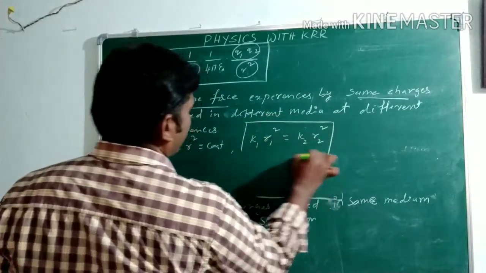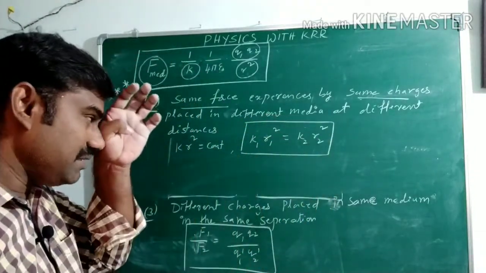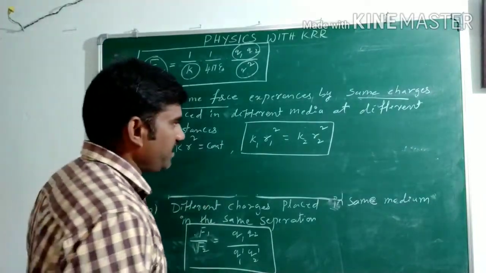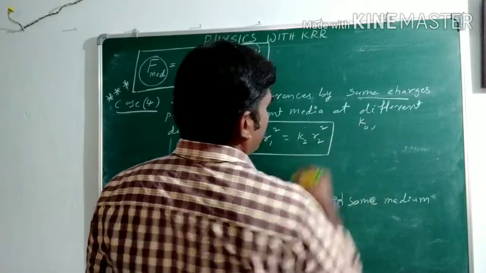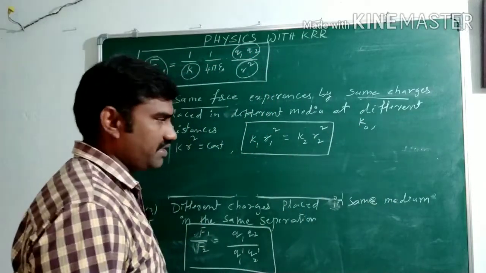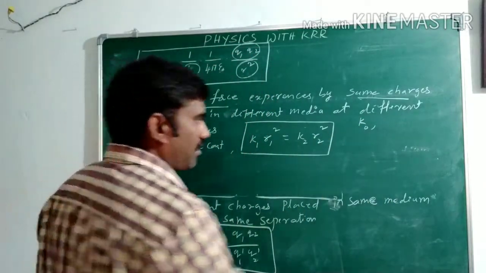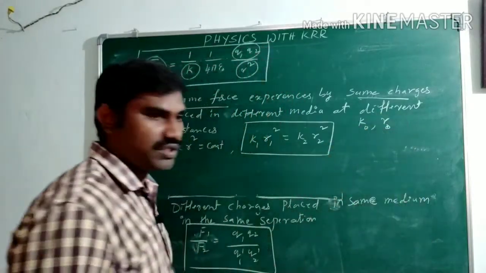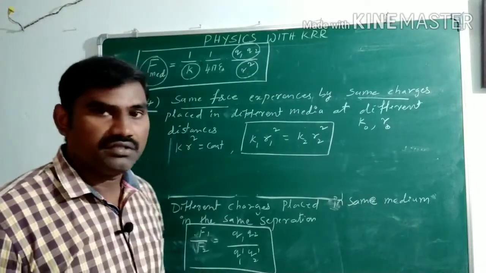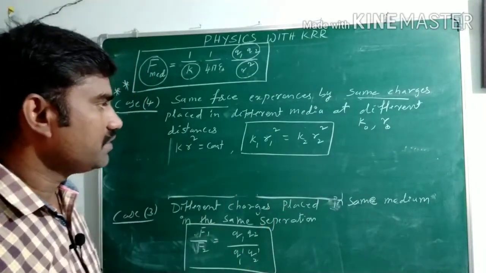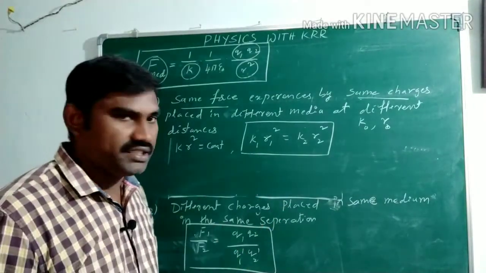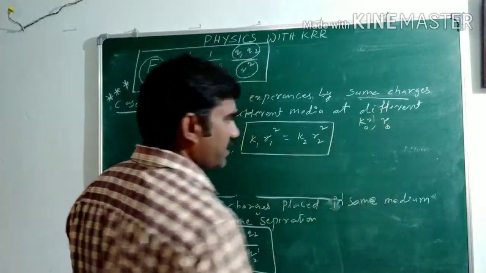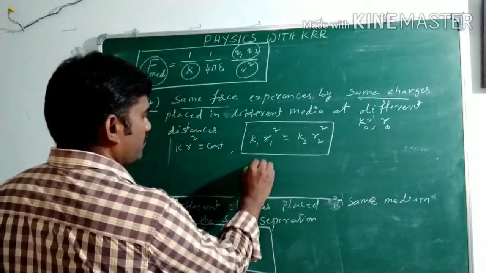So based on this formula, they asked the question in the NEET examination like, air or vacuum dielectric constant is represented by K0, and separation between the charges when they are placed in vacuum or air is R0. Then what is the distance between the two charges in different media? Now this K0 value we can take as 1.